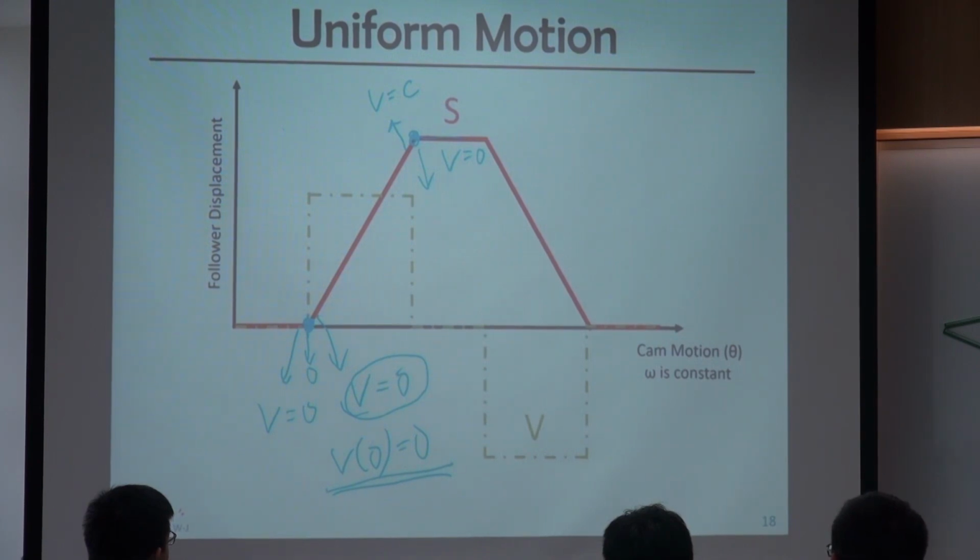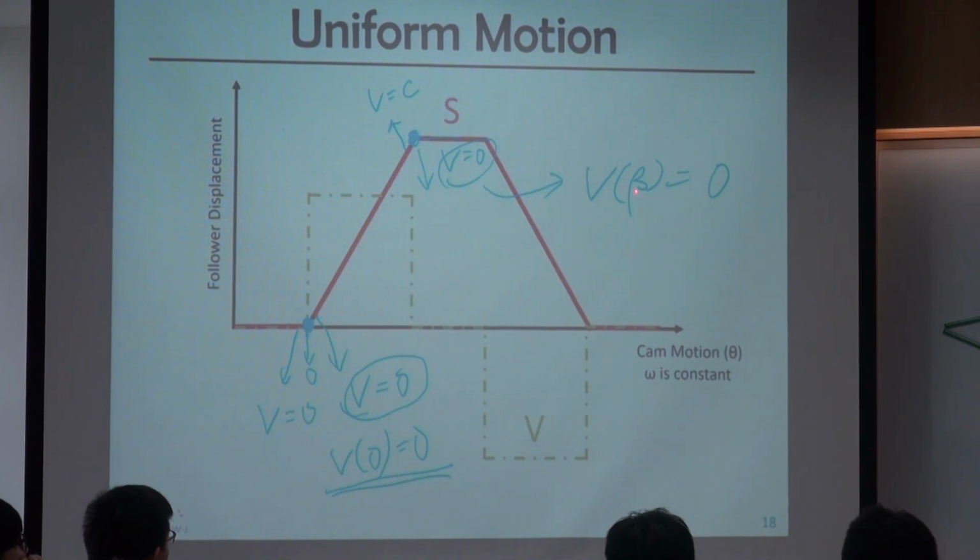And we also need to make this happen at the top point. If we express it in our expression, it means v beta must also be 0.